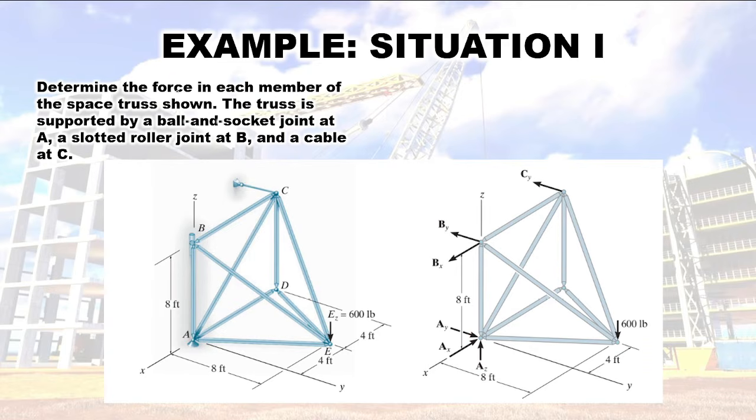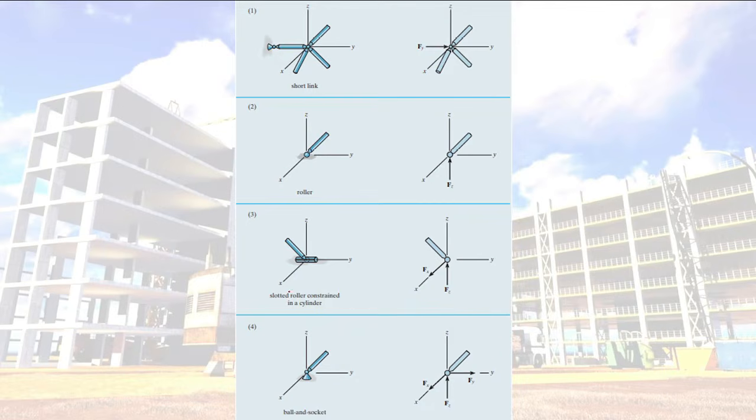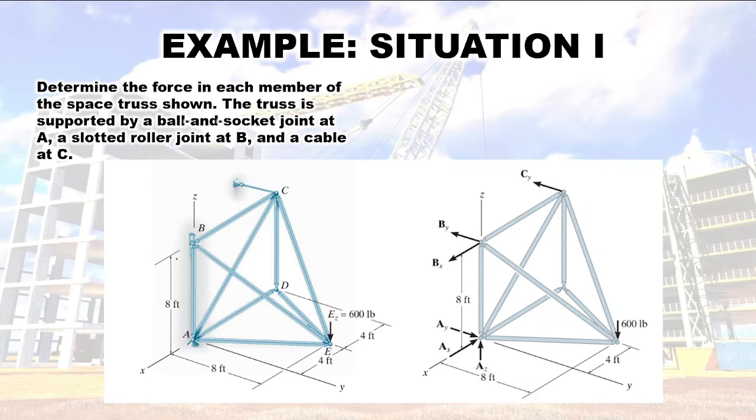Then at B, it is a slotted roller joint. So let's go back again to our figure. It is a slotted roller here, so our reactions are at X and at Z. So our reactions here would be here and here.